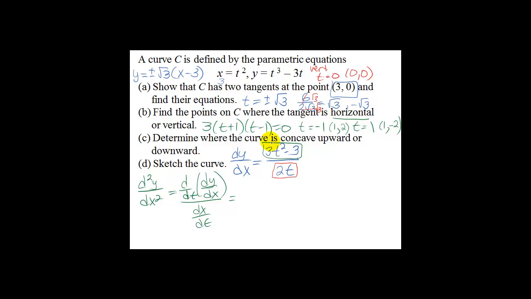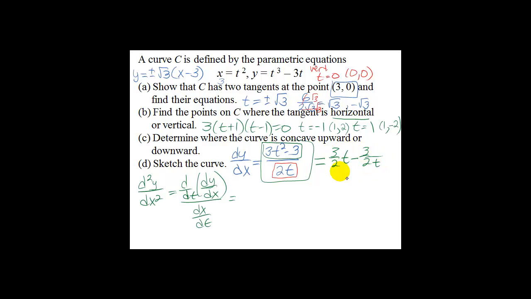So here's our dy dx right here, and if we take the derivative of that, it might be easiest to express this as, we'll split this up and have 3 halves t minus 3 halves over t.